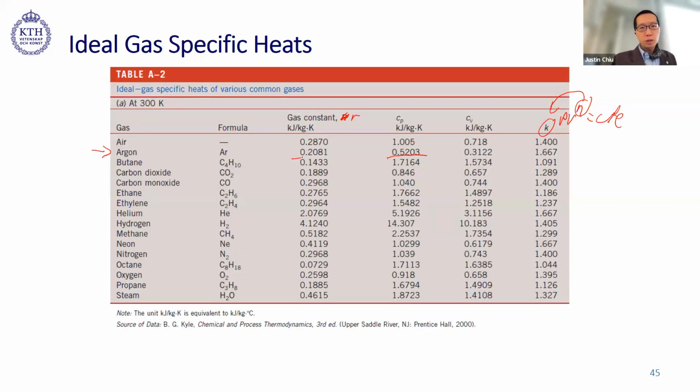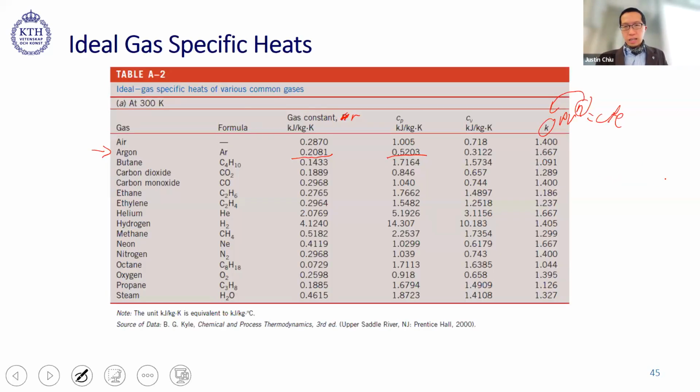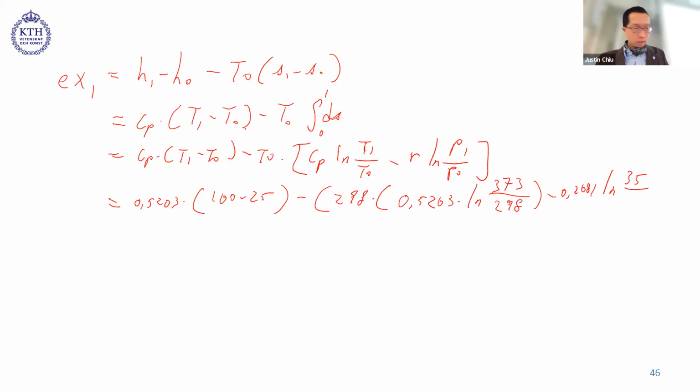It is 0.2081. Of course, you can calculate it through the molar mass or so, but we can just put 0.2081. And then what is the log of P1 over P2? Earlier we said it's 35 bar, right? And the ambient, what is the ambient pressure? It is 1 bar. So 35 over 1.